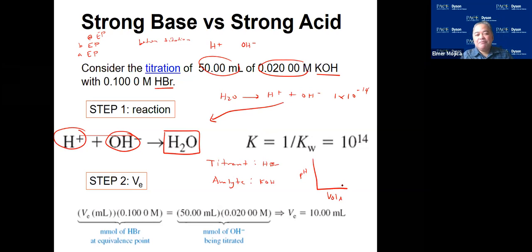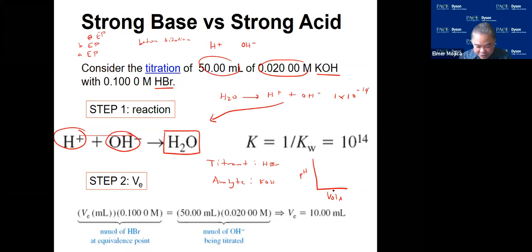And what do you think happens to the pH as you add more titrant? Anyone? What happens to the pH as I add more acid in the titration?